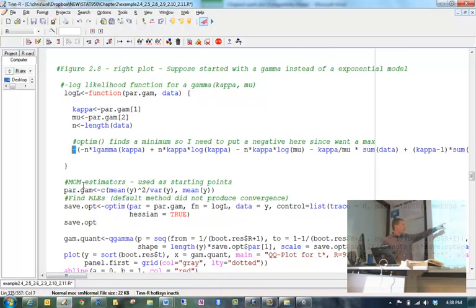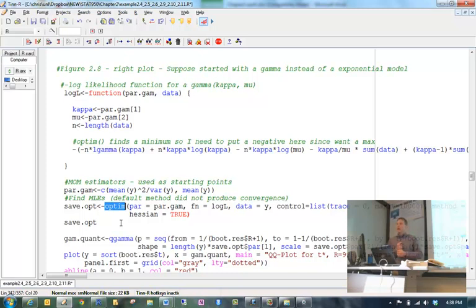Last, right here, I have a negative sign. So actually what this function is going to do is find not the log likelihood function, but the negative log likelihood function. Here's the reason. The function that I'm going to use to actually find the maximum likelihood estimates is called optim. Optim minimizes a function of interest.